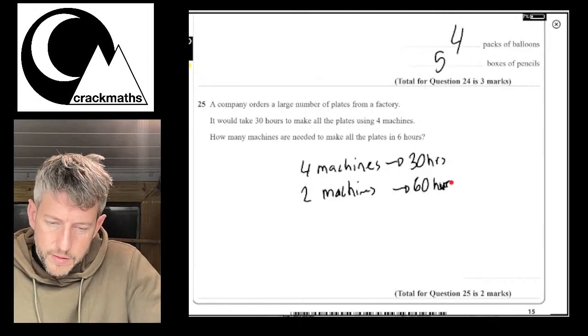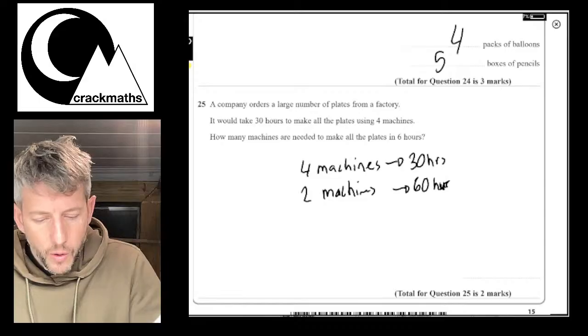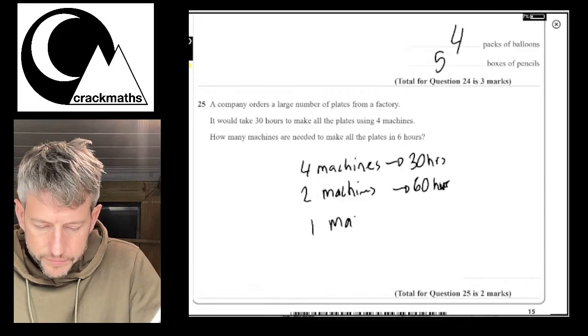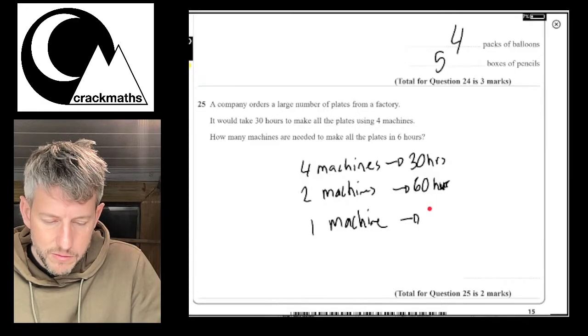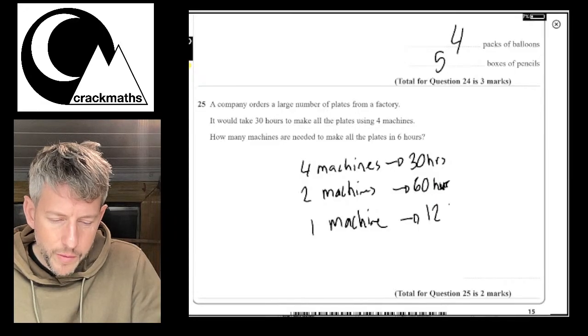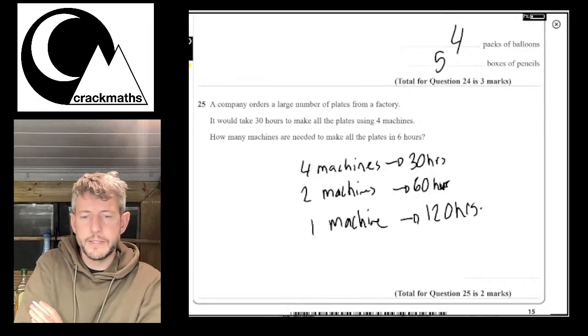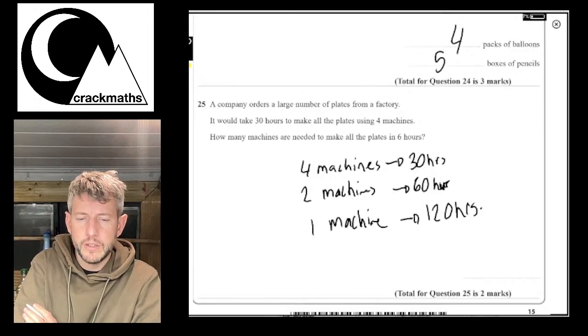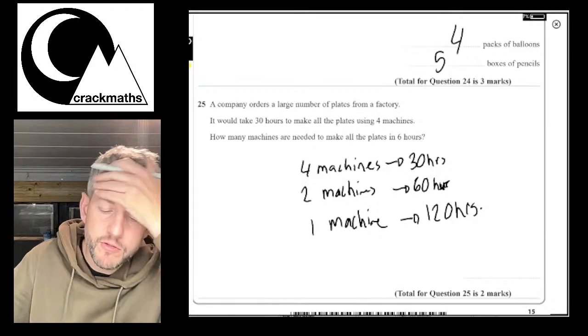And 1 machine would take 120 hours. So here we go, 1 machine would take 120 hours to do it.